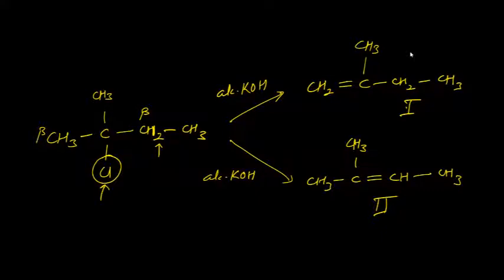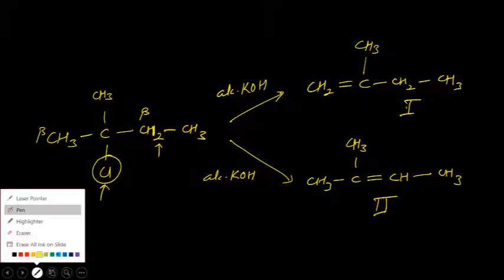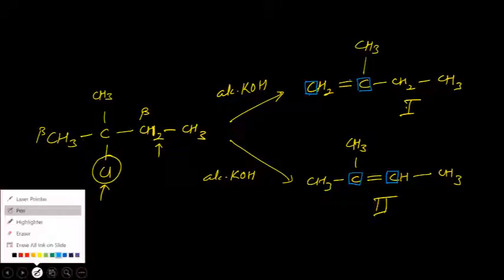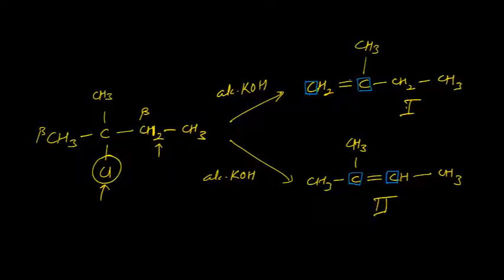So you need to check the double bond. First see the double bond and understand it. You need to consider the carbons which are doubly bonded, and then see how many alkyl groups are attached to these carbons.